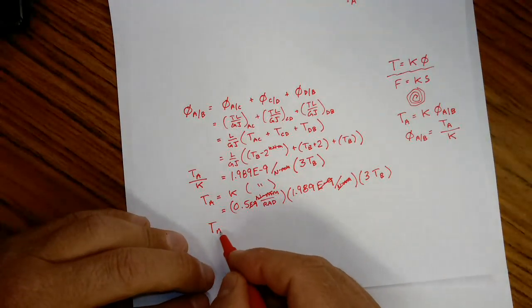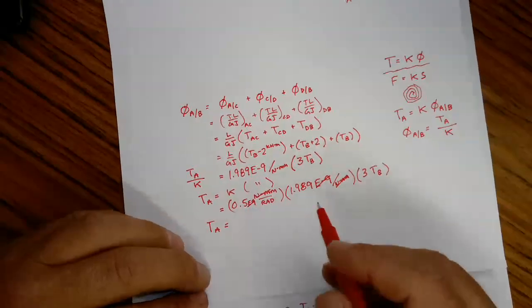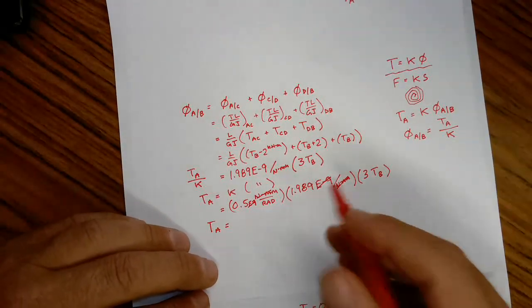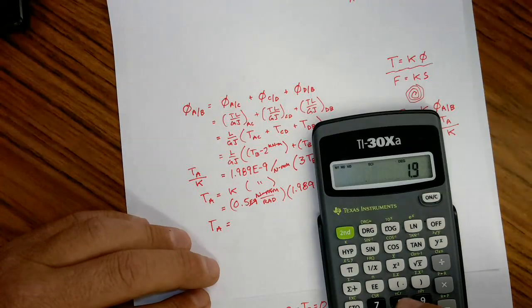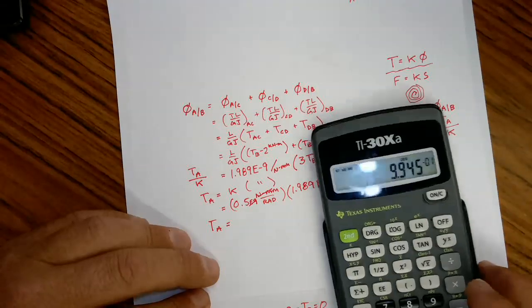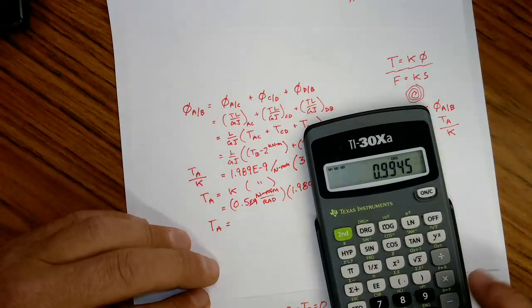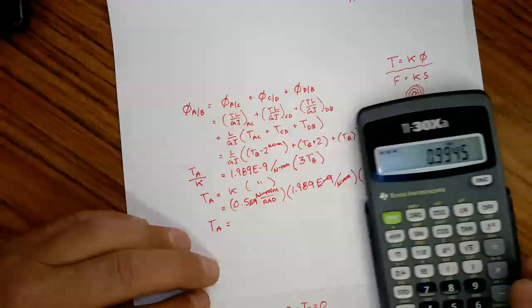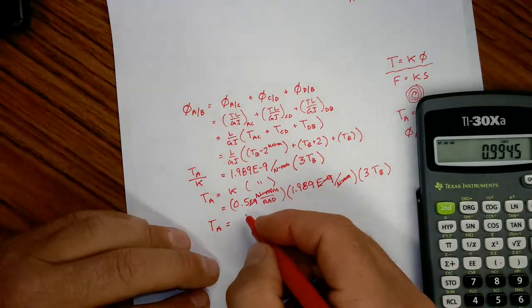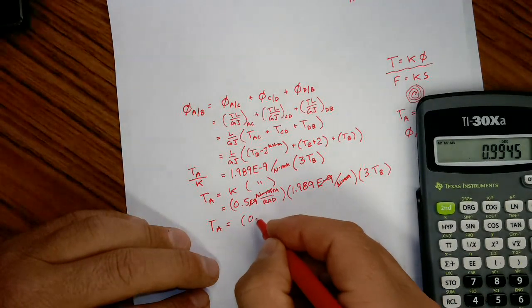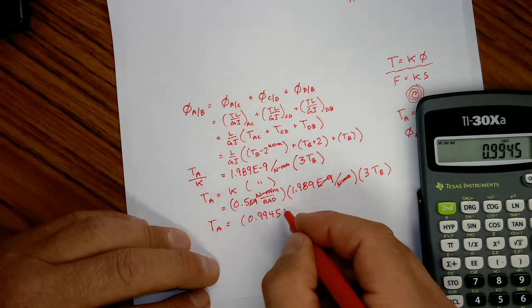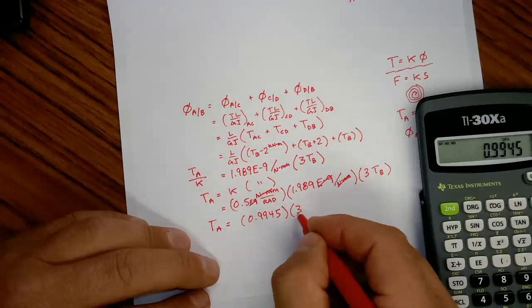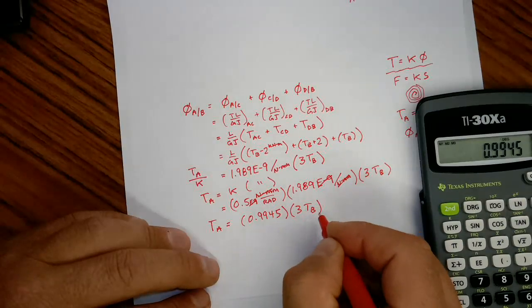We have TA equals 0.5 of 1.989, which, now we get rid of scientific, is 0.9945 times 3 TB.